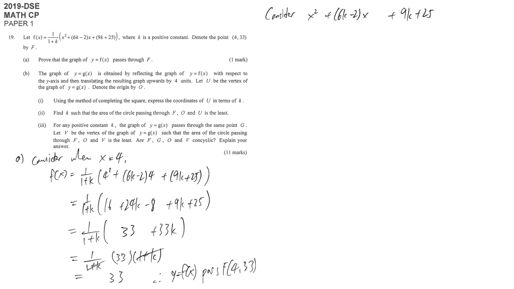Especially in complicated questions, always focus on a very small part that you want to change and then make your steps easier. So completing the square, this is 2 times something, x times something. To make it the same, what's inside should be 3k minus 1. That's why what is missing is plus (3k minus 1) squared.